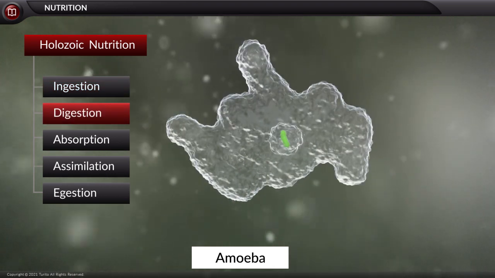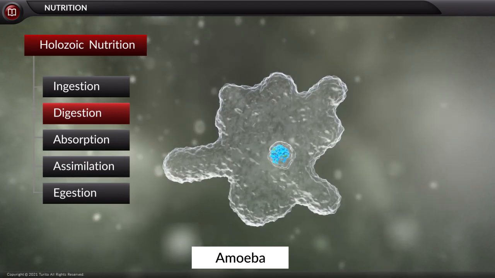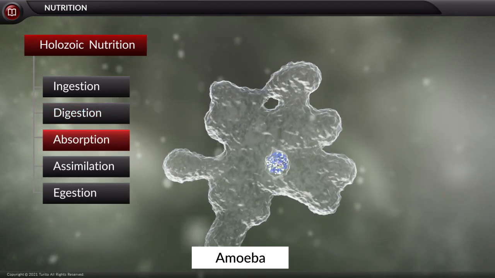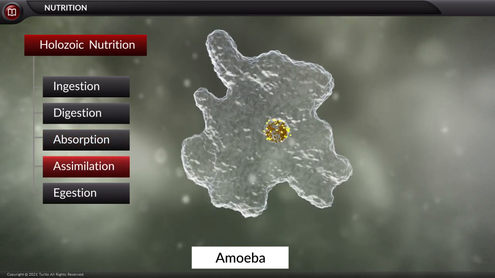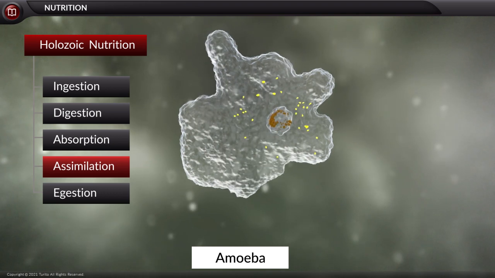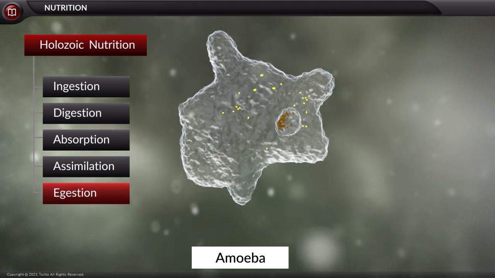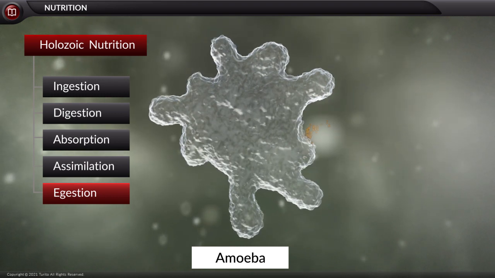In digestion, we see that this food substance is broken down into simpler forms. In absorption, these simpler forms are absorbed by the cell, and in assimilation, we see that there is utilization of these nutrients. In egestion, we will see that there is elimination of the unwanted food substances.